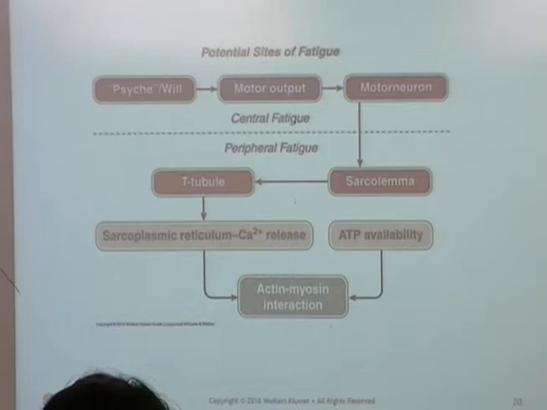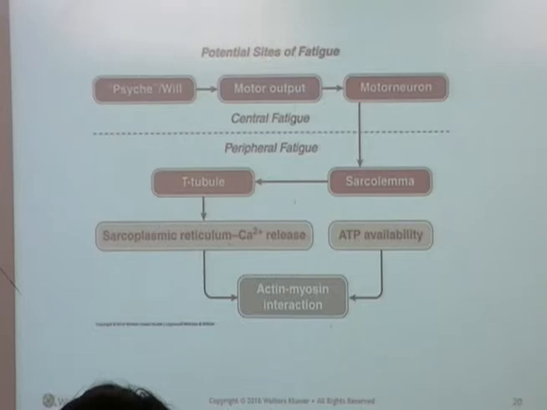Now when we look at the nervous system, where can we possibly see fatigue occur? We can split it up depending on whether we're looking at the central nervous system or the peripheral nervous system. The central nervous system could be involved. One of the interesting things is willpower, my psyche, my desire to keep pushing. One hypothesis is that central fatigue could come from a lack of attention.